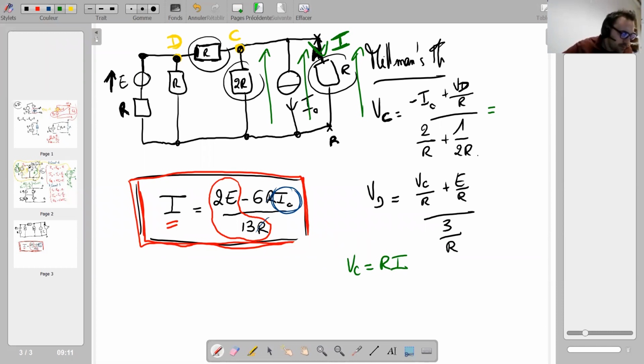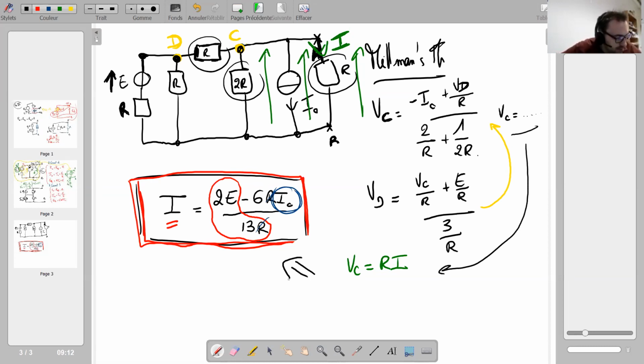Because if you now use this equation in this equation, you end up with VC equals something. It's going to be a function of I0 and R. And then once you have this result, you use this result here and you find this guy.